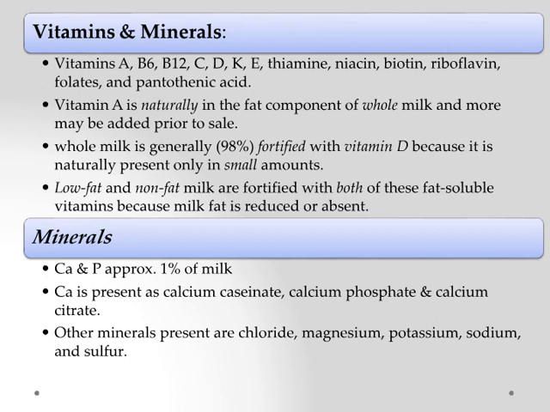Low-fat and non-fat milk are fortified with both of these fat-soluble vitamins because milk fat is reduced or absent. Minerals: Ca and P. Approximately 1% of milk Ca is present as calcium caseinate, calcium phosphate and calcium citrate. Other minerals present are chloride, magnesium, potassium, sodium, and sulfur.